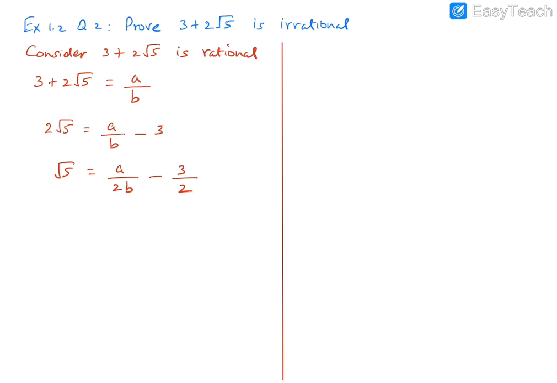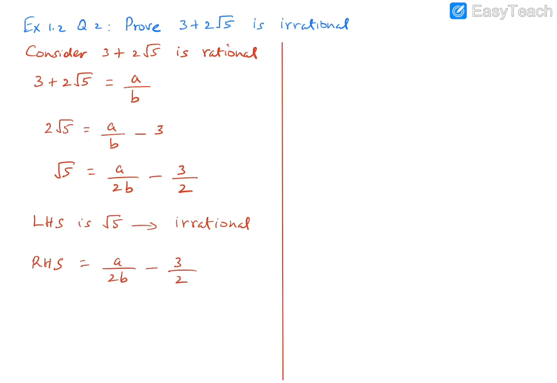And what we notice here is that, again, on the left hand side we have root 5. So let me write LHS is root 5, which is irrational. We know that. But on the right hand side, RHS, we have a by 2b minus 3 by 2.